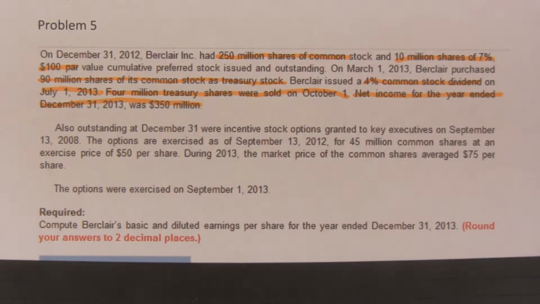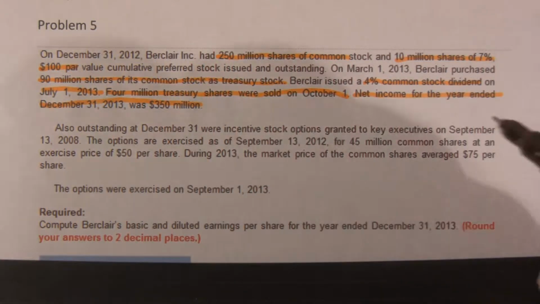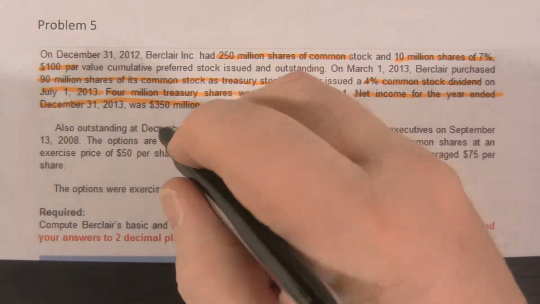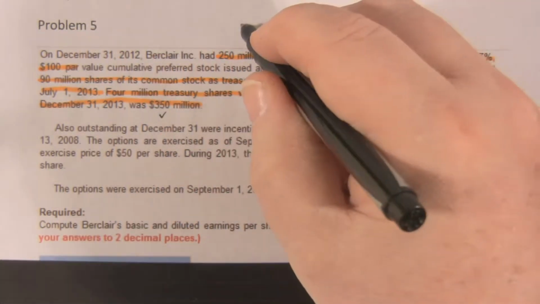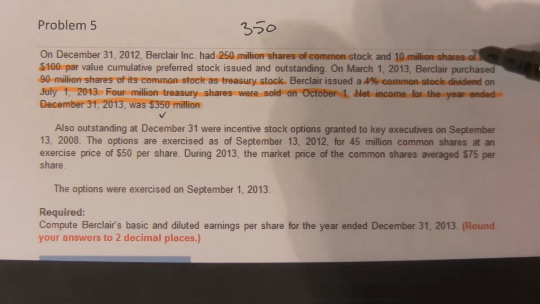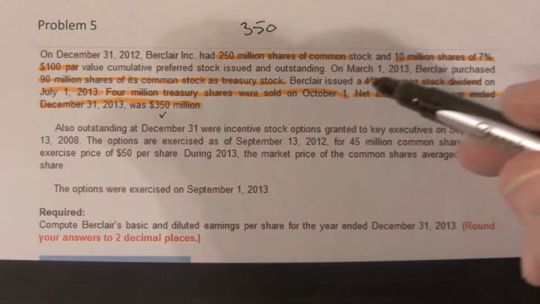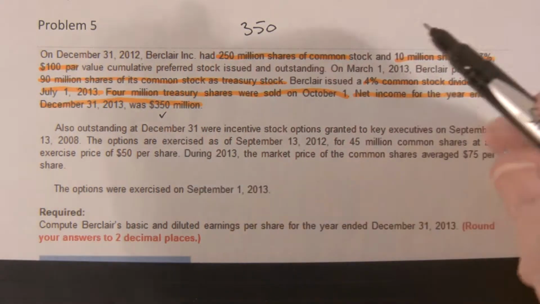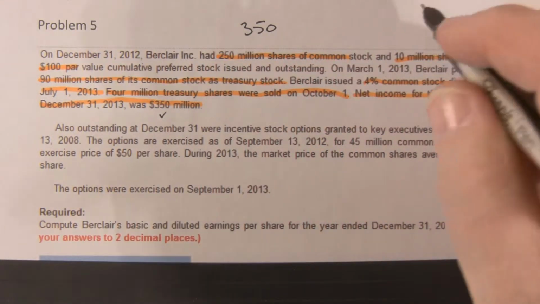Okay, so let's handle the easy stuff first. Let's see how many dividends are available. How much earning is available after we pay our preferred shareholders. So we had net income for the year 350 million. And we have 10 million shares of 7% preferred $100 par. So 10 million times 7% times $100 par, that's 70 mil.